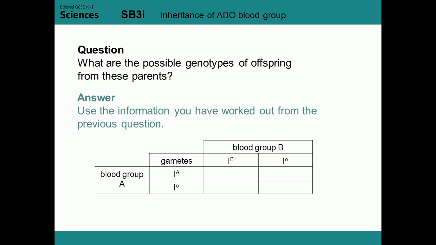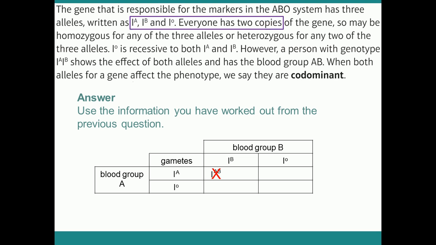And when we look at the combinations, the possible offspring might have, not IAB. Remember, there are only 3 different types of alleles for blood group: IA, IB, or IO. So that means that it will be IA, IB. There's no such thing as IAB. There must be two alleles for the offspring.